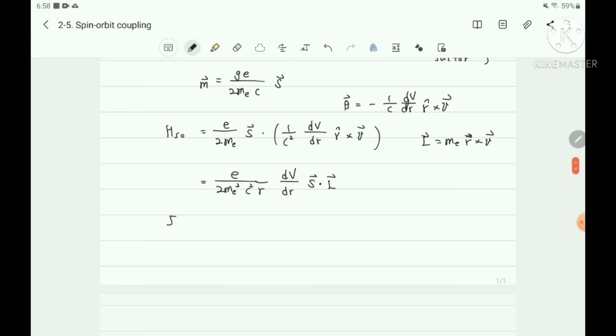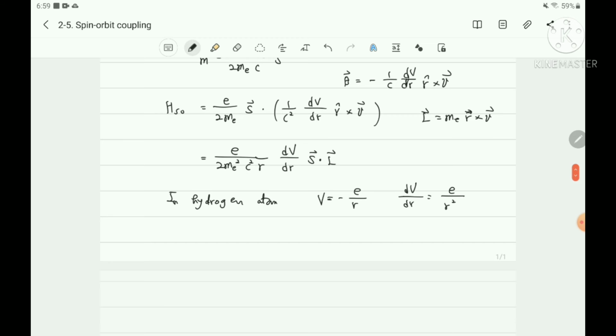In the hydrogen atom, the potential is minus e over r, and therefore dV/dr is e over r squared.